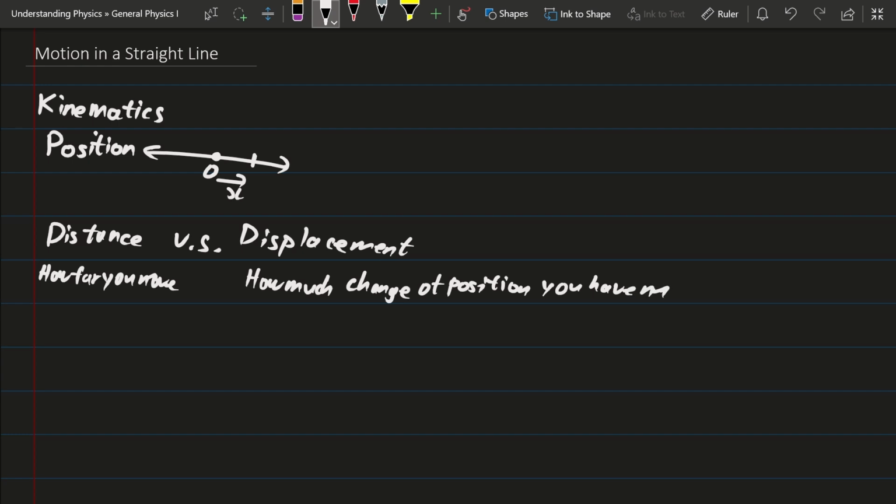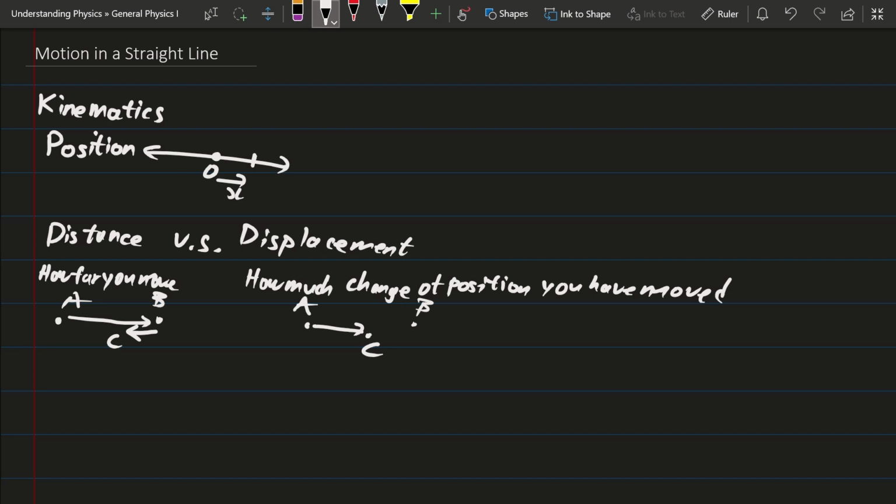So, let's say, for example, if you move from one point to another point, and then you go back to a third point, the distance is from here to here. While for the displacement, you go from A to B to C, it is like going from A to C straight away. And that's the difference between distance and displacement.